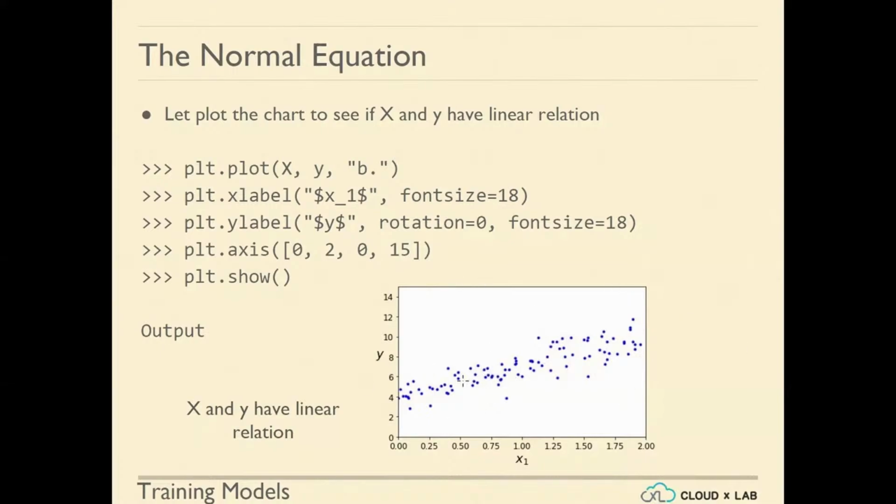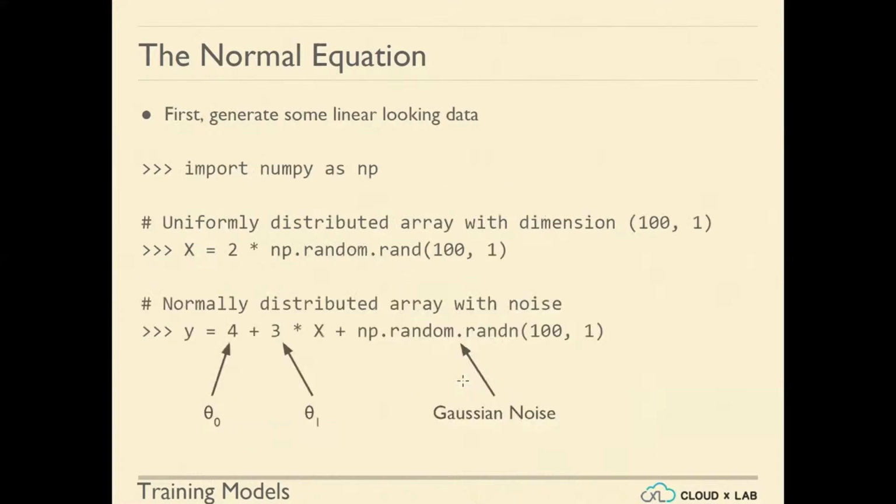How many data points do we have in our data? 100, because we have generated 100 random numbers, and using these 100 random numbers we are generating 100 data points, right? So we have 100 x values, we have 100 random values, and we will have 100 y values, right?